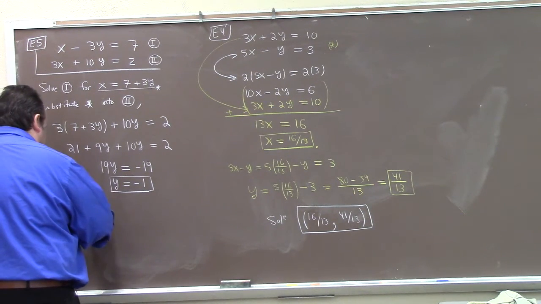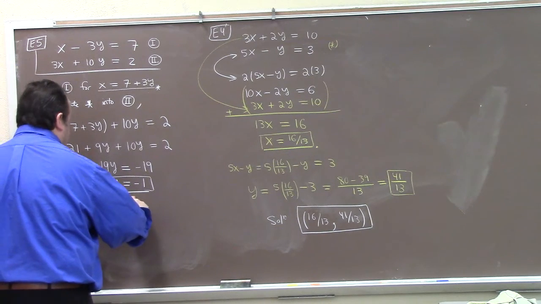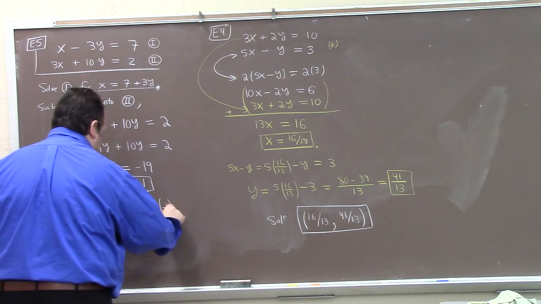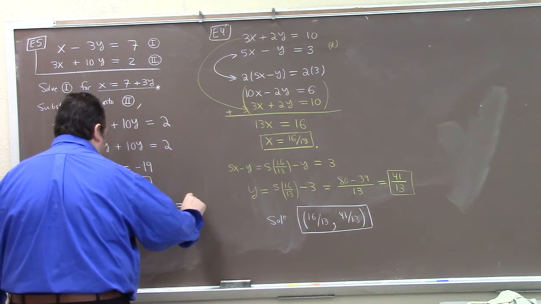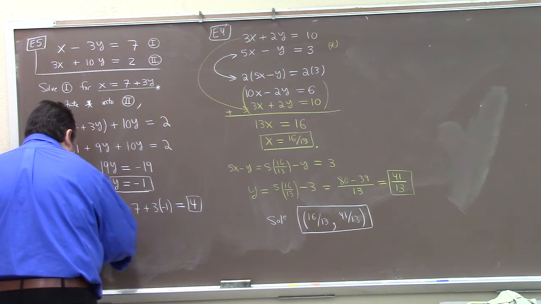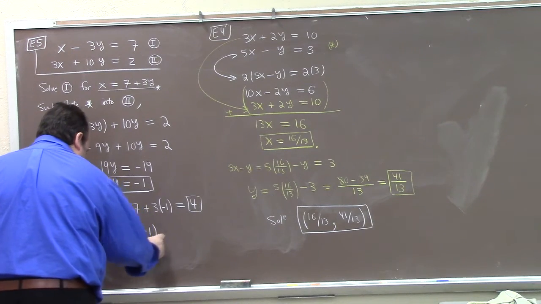Circle back to star. x is equal to 7 plus 3 times y, which is, well, minus 1, so x is apparently 4. Solution: 4, comma, minus 1.